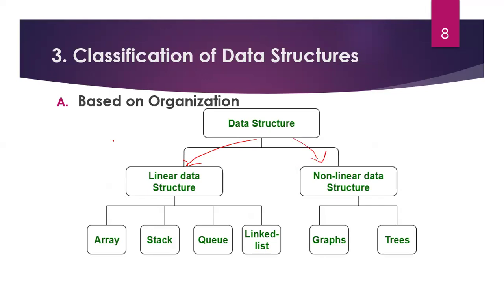You can simply understand that in a linear data structure, the data is arranged in a sequence, like arrays, stacks, and queues. In a nonlinear structure, the data is connected in a network or hierarchy.